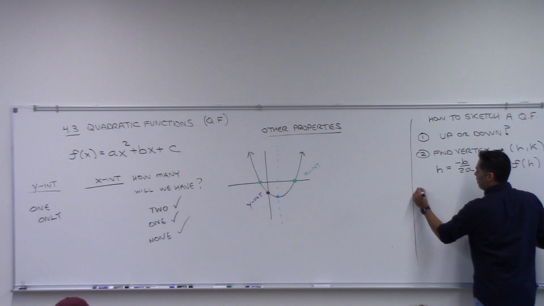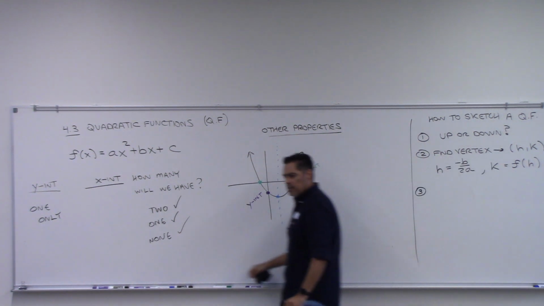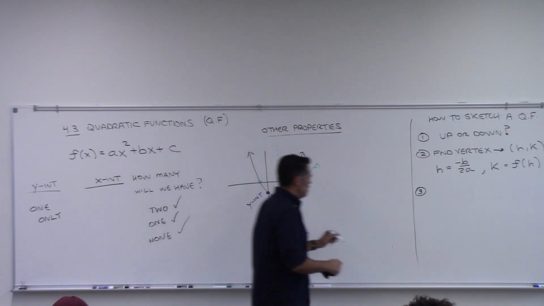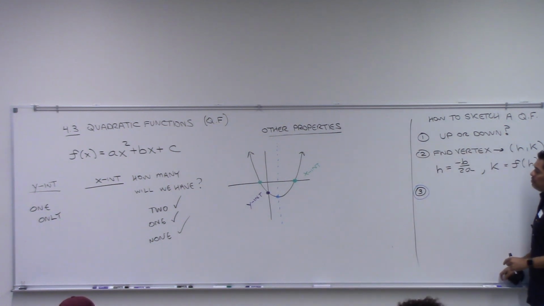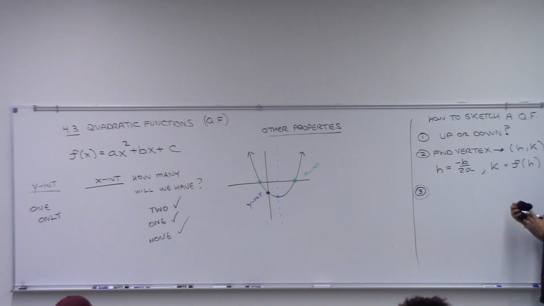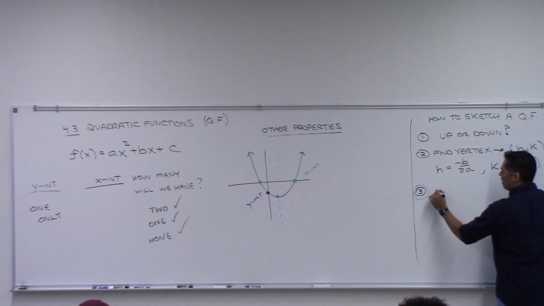The next step, okay, this step right here, I'm going to actually circle this in blue because this step, I don't know anyone else that does this step. I do it, but I don't know anyone else who does. So if you go get help tutoring, they might not know why you're doing this, but I'll explain why I do it in a second. We're going to do a quick sketch here.